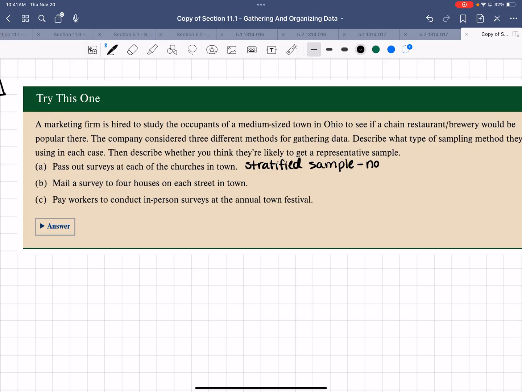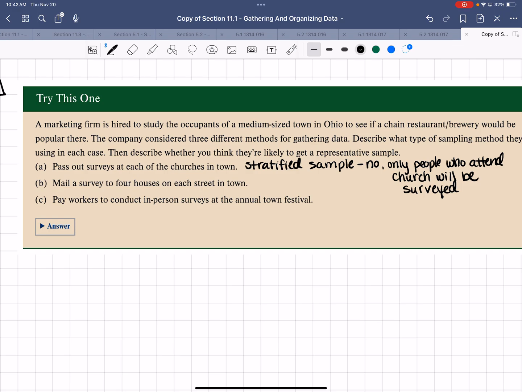There's going to be a population of people that do not go to church that live in that town, if it's large enough. And it said it was a medium size. No, only people who attend church will be surveyed.